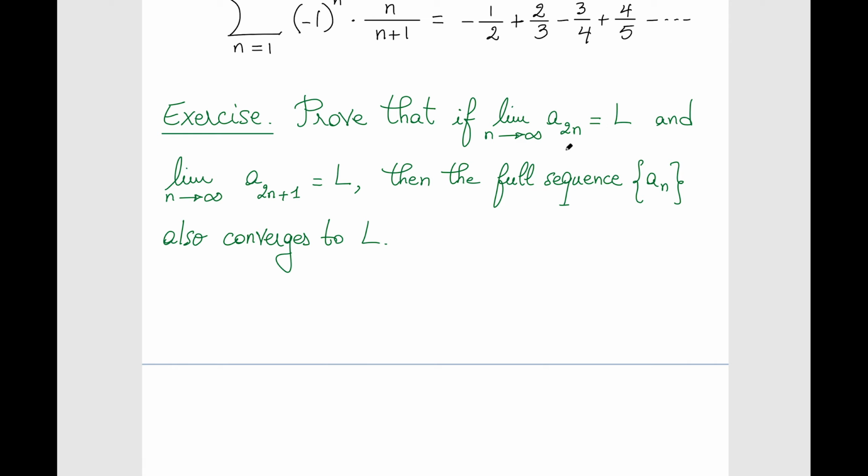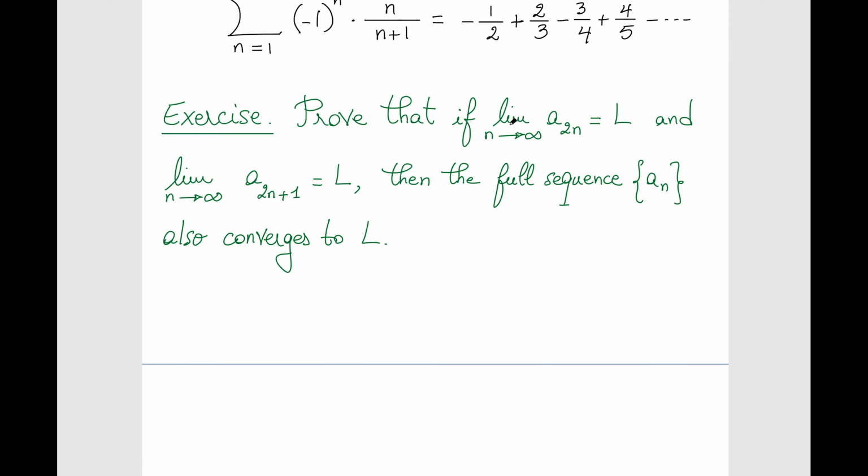These are the terms of a sequence which have even ranks, so these are the even ranked terms of the sequence a_n.